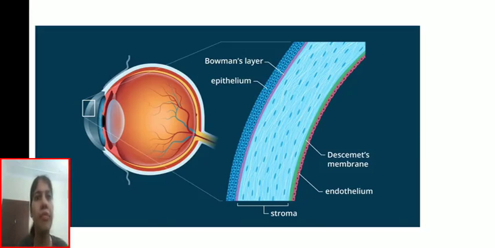Now showing this figure, these are the cornea's layers. Previously I explained epithelium, Bowman's layer, stroma, Descemet's membrane divided into the predescemet and the Descemet's membrane, and last is the endothelium.